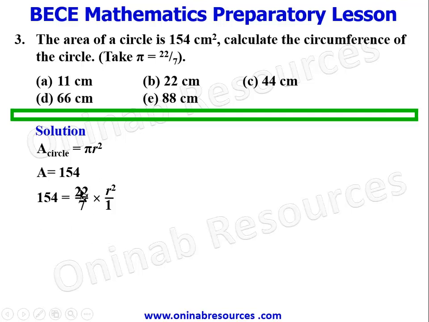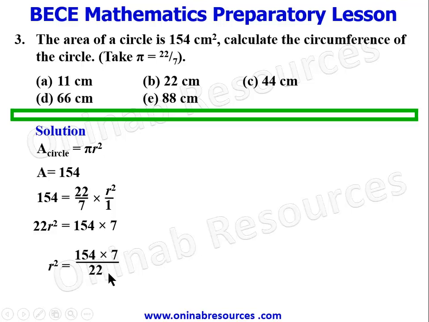So we cross multiply. Before then, 22 times r squared gives 22 r squared. So cross multiplying, now we have 154 times 7.